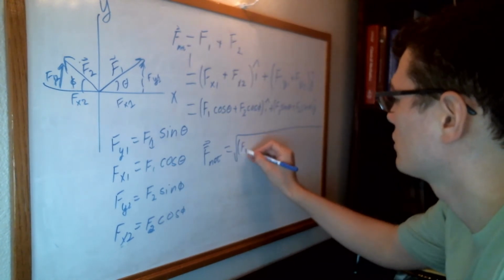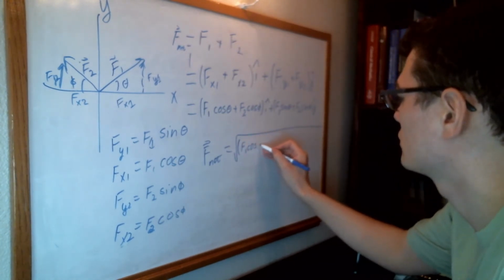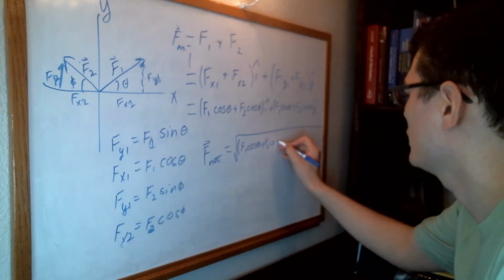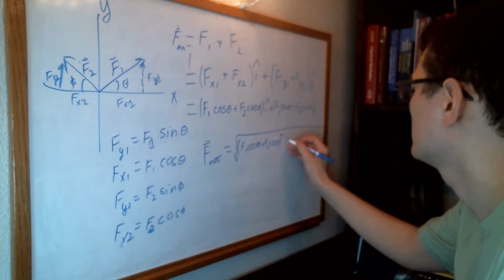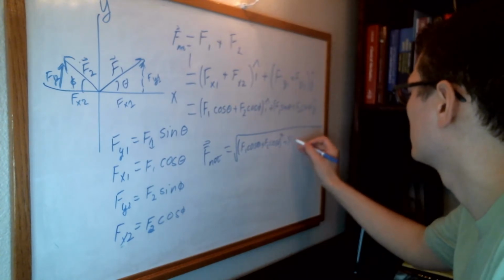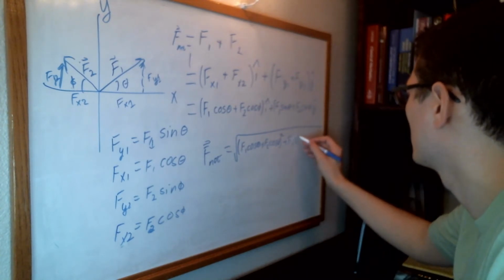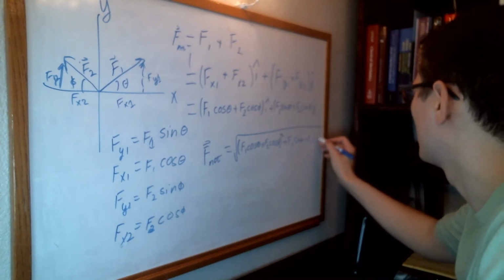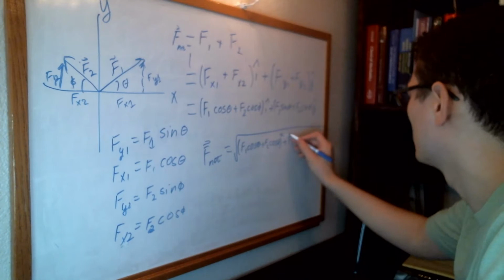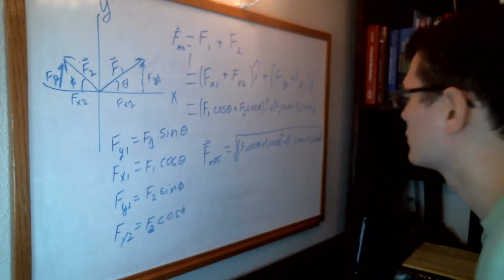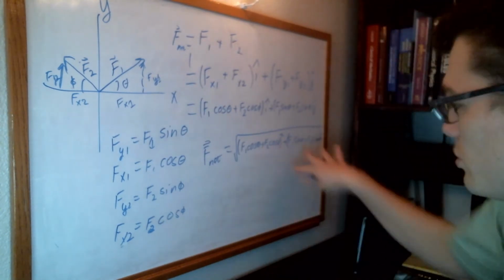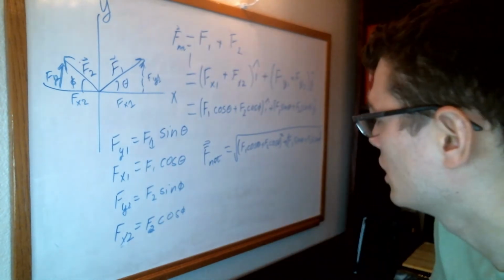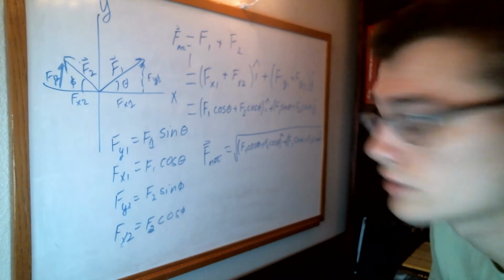So F1 cosine theta plus F2 cosine phi, squared, plus F1 sine theta plus F2 sine of phi, and both those quantities are squared. And so once you plug in all your numbers, this will give you the magnitude of your force.